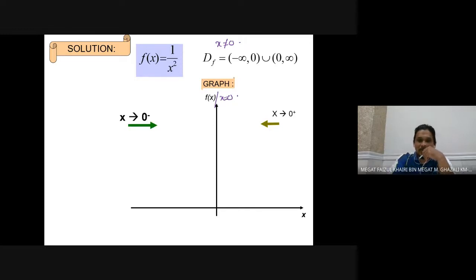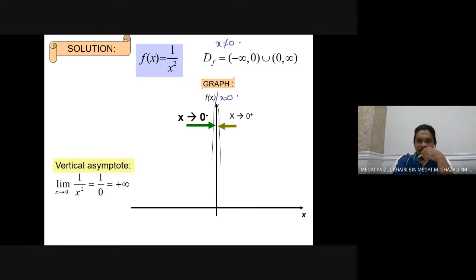So when x approaches 0 from the left and right, the graph, kita kata bergerak ke atas, moving up, approaching, getting close to the line of the y-axis. And that is the vertical asymptote of 1 over x squared, approaching positive infinity.